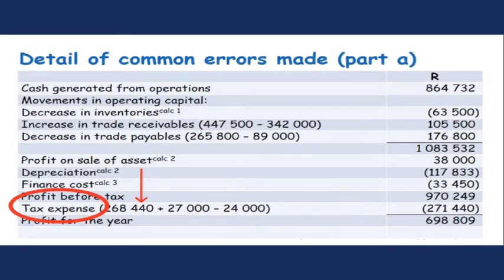In the cash flow statement, the cash flow taxation paid was given as 268,440 Rand. You had to calculate the accrued taxation expense for the reporting period, taking into account the opening and closing balances on the taxation payable account that was given in the question.